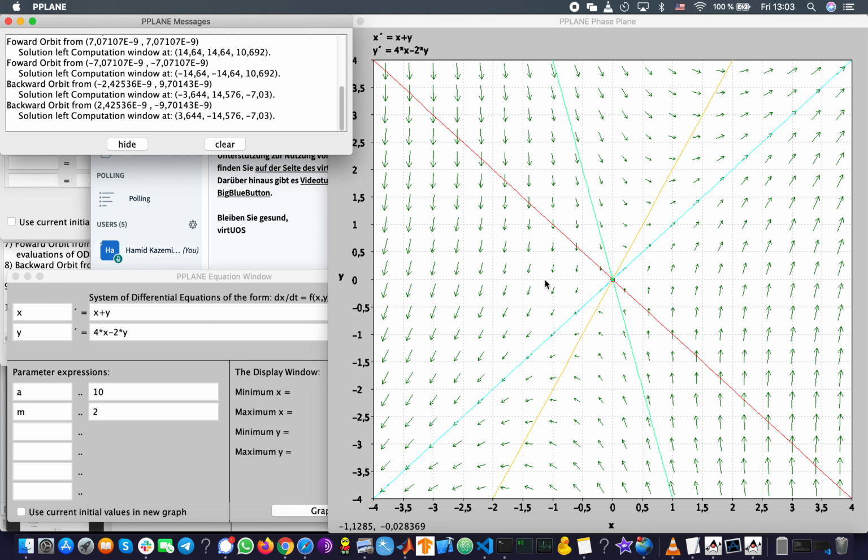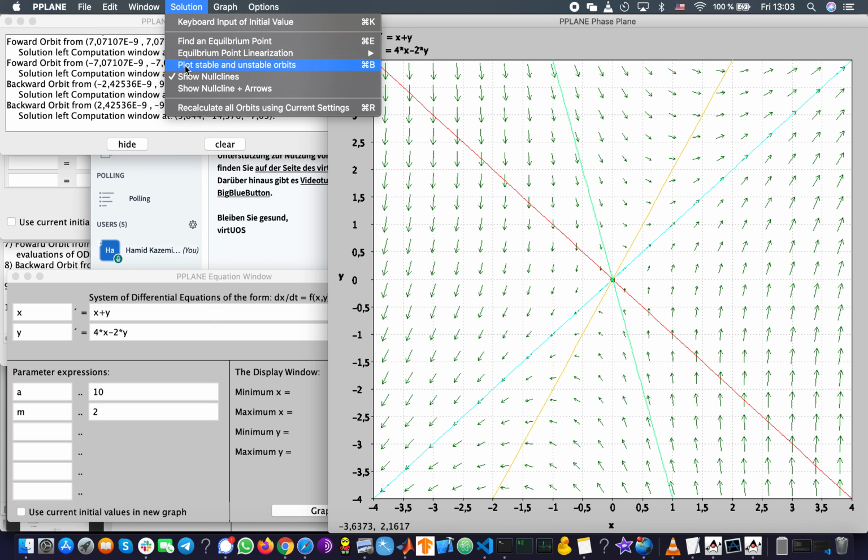And these lines here, as you saw, I chose to plot stable and unstable orbits. So here there is no orbit, it's a line, but these are those lines that we were talking about. These are the ways that the vector fields are governing, and these are splitting your phase plane into 4 different regions, and you can find where it crosses the null lines and what will happen for your system.